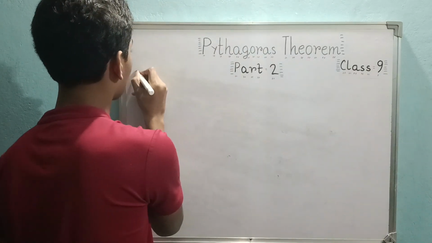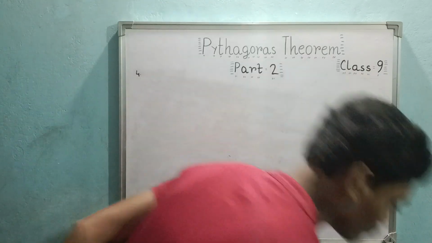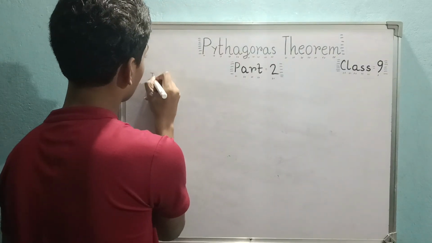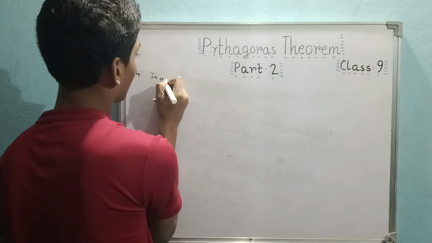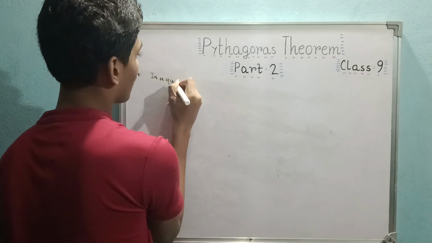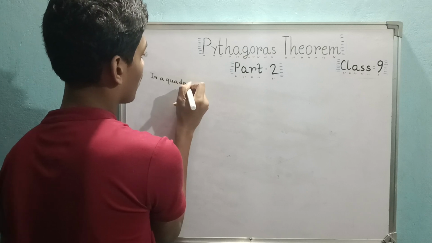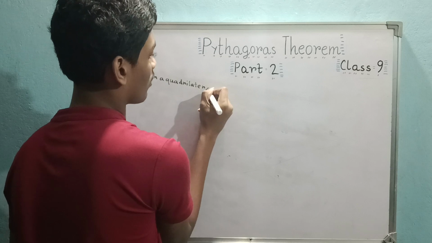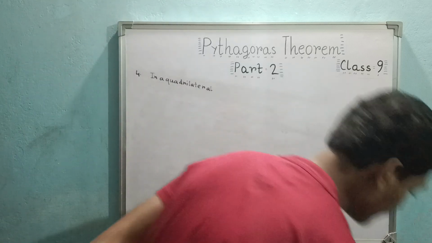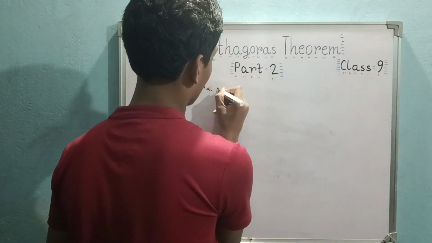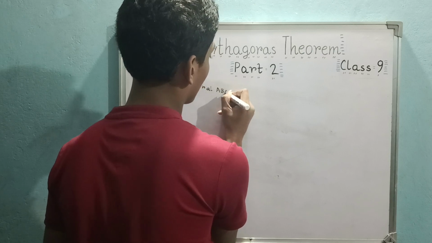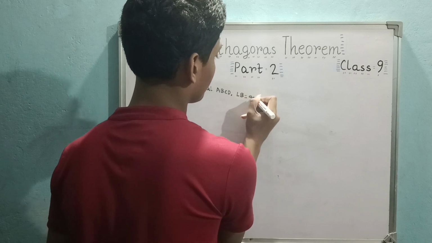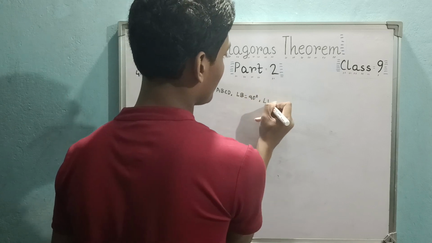Question 4 now. In a quadrilateral ABCD, angle B equal to 90 degree, comma angle D equal to 90 degree.